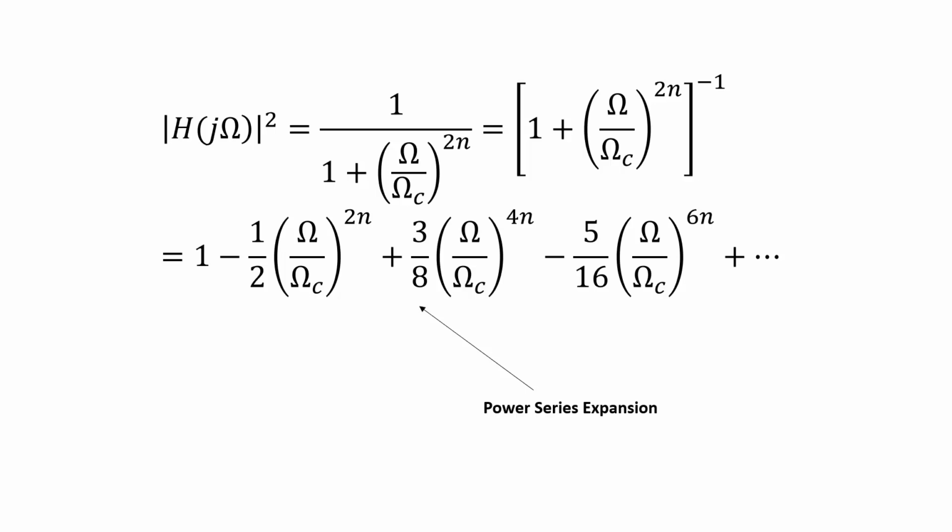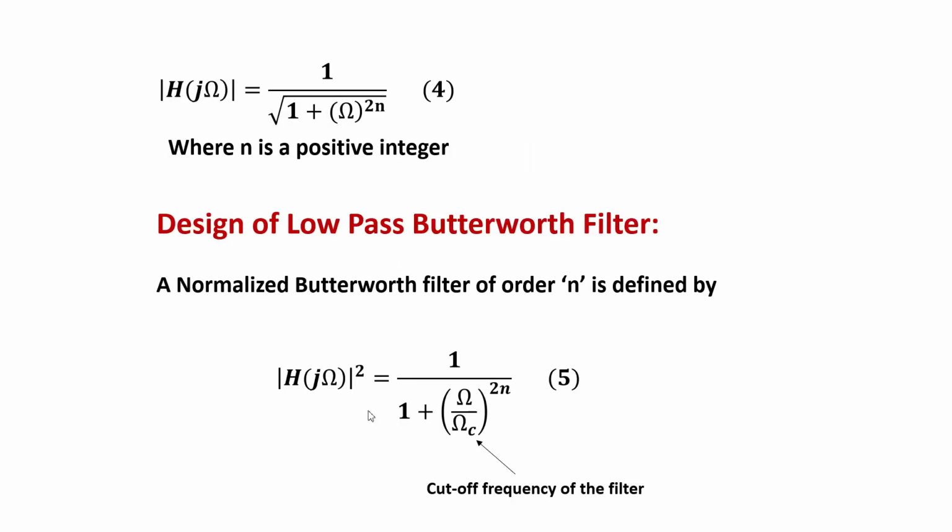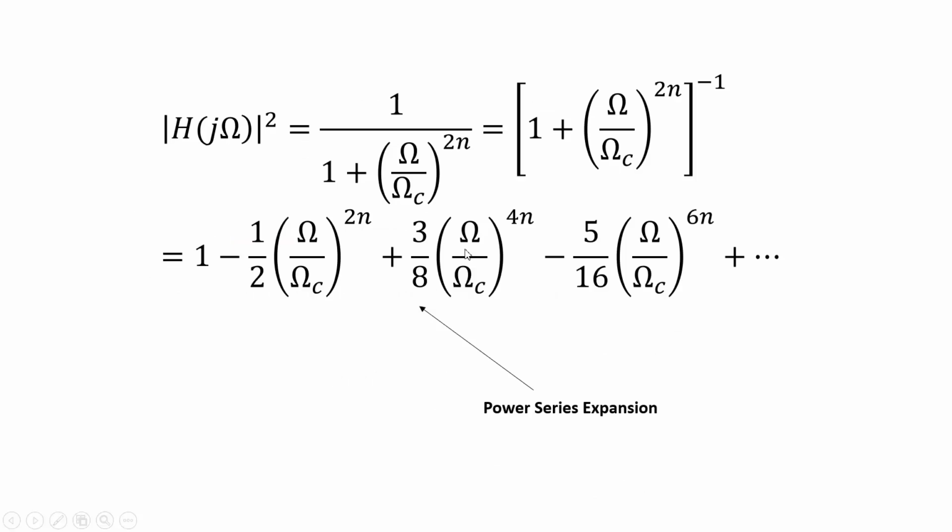Okay. Now we know that this is the equation, right? We can expand this equation, 1 over 1 plus omega by omega c to the power 2n. We can take this term into the numerator by taking power raised to minus 1, and we can expand this term using power series expansion.